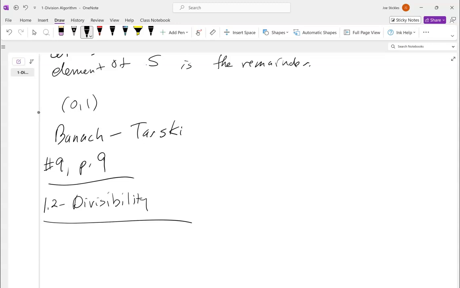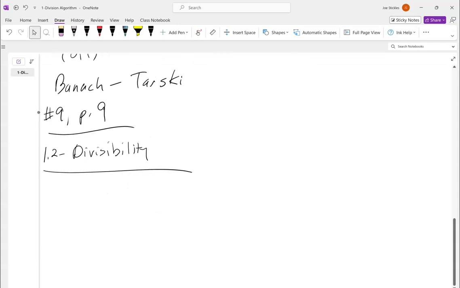A lot of times what we're interested in is whether or not something actually goes into the number or goes into the element. So that's when we're going to talk about divisibility. We're going to state these in terms of integers, but these statements about divisibility can be extended to different types of multiplication, depending on what the structure is. Okay. But we'll state it in terms of integers to start with.